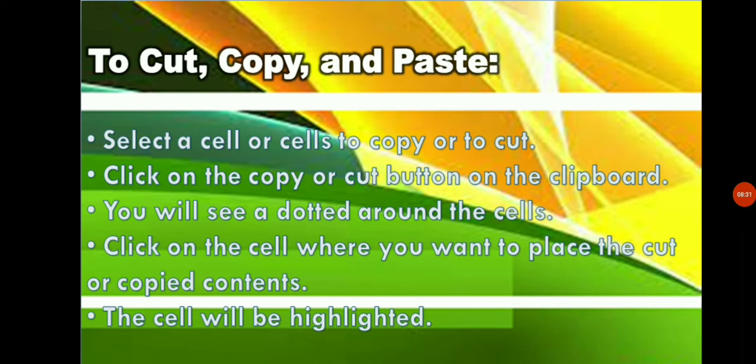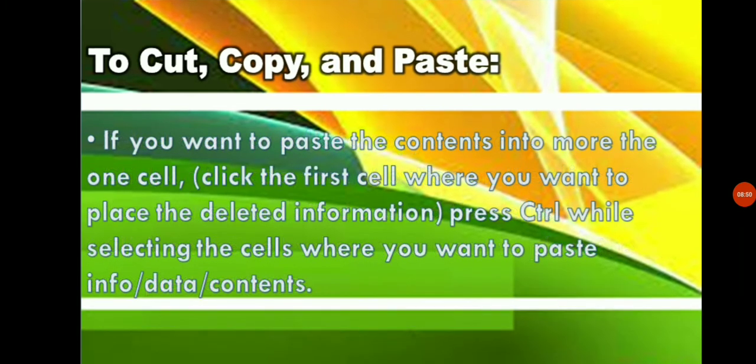The cell will be highlighted. If you want to paste the contents into more than one cell, click the first cell where you want to place the information. Press the Ctrl key while selecting the cells where you want to paste the contents.